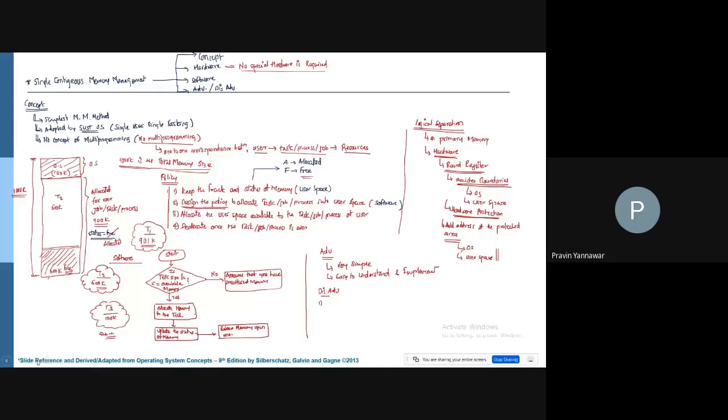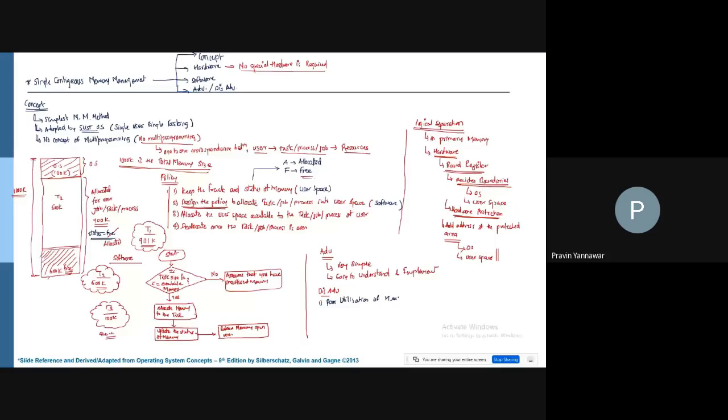Disadvantages. First, and the very important disadvantage is, can anybody tell me here? The most important disadvantage is poor utilization of memory. We have very poor utilization of memory.